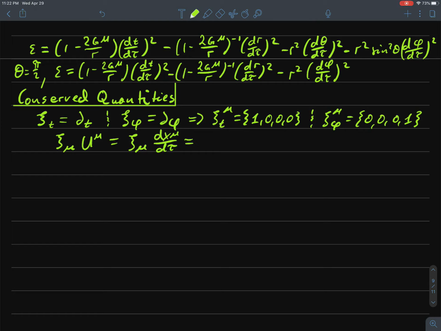I want to write this out with the metric now because this is lowered, and the way we define them are raised. So I want to write a g mu nu in here. And sorry, did that wrong. It should be lowered. And so we'll write it like that.